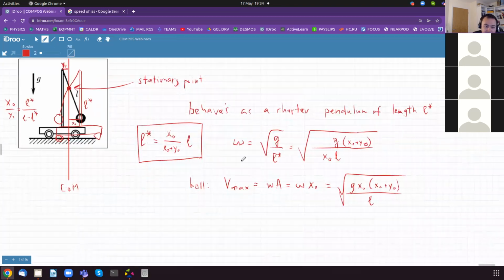And for the V max of the dolly, VD max is omega multiplied by y0.